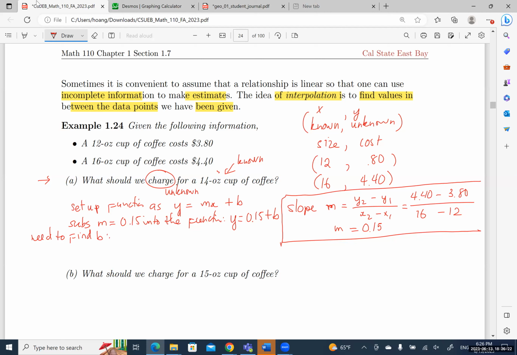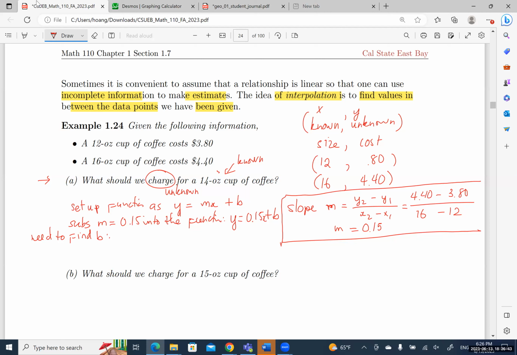You want the function in the form y equals mx plus b, which is 0.15x plus the b value. We need to find the b value right now because we have m already, right? So how do we find b?